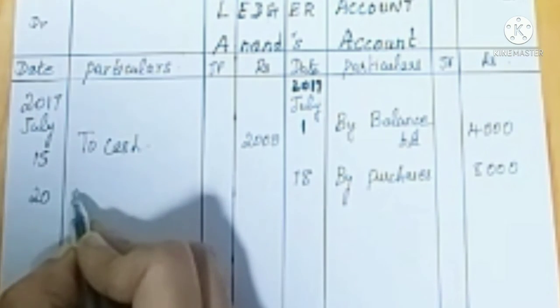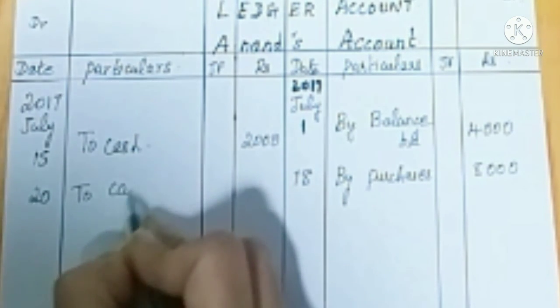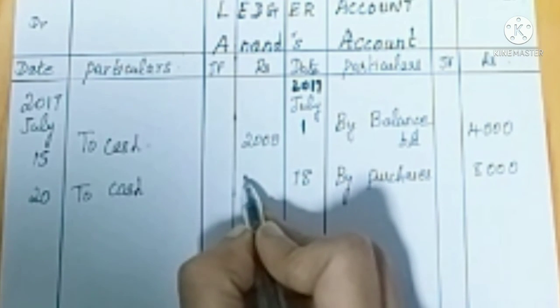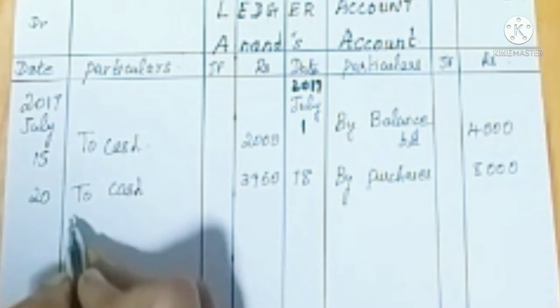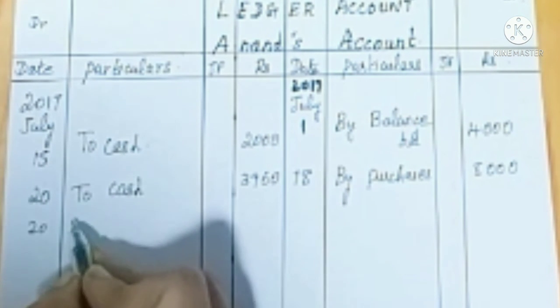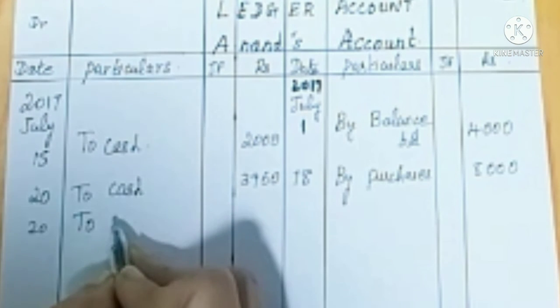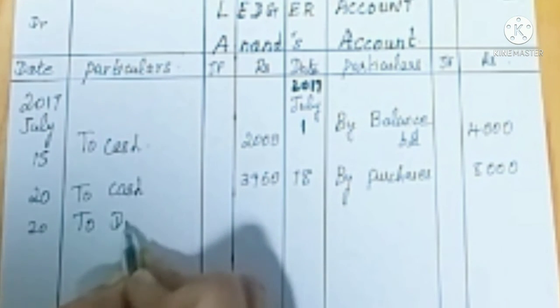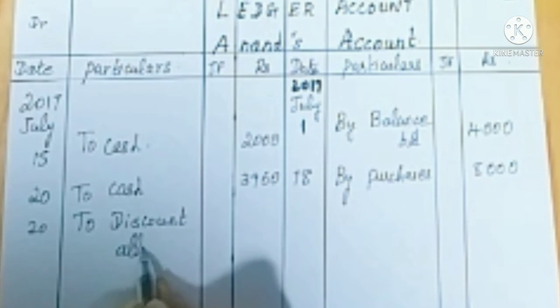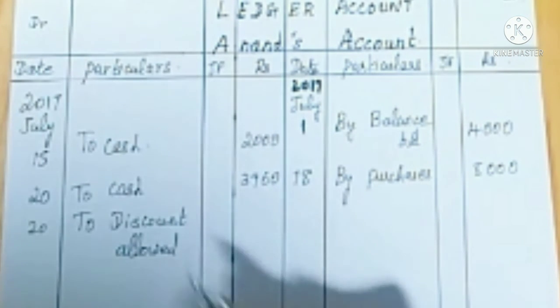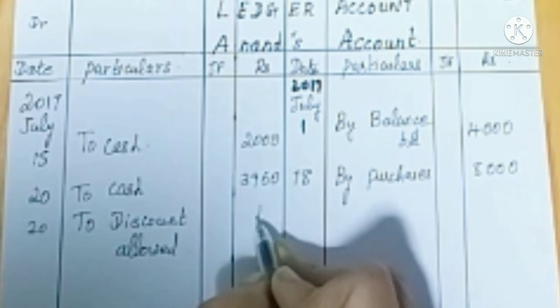So to cash rupees 3,960. Then again 20th July, to discount allowed by Anand rupees 40.